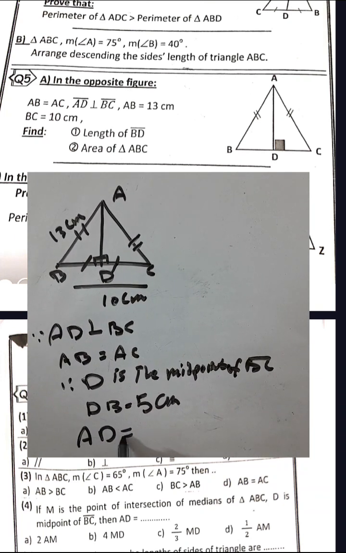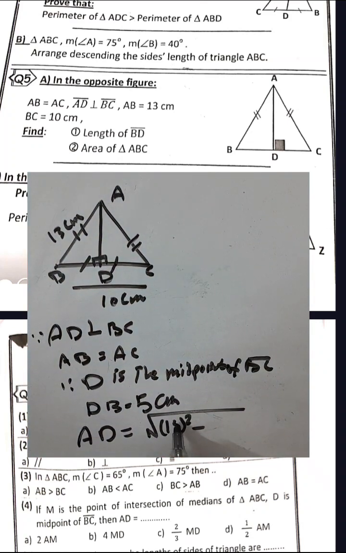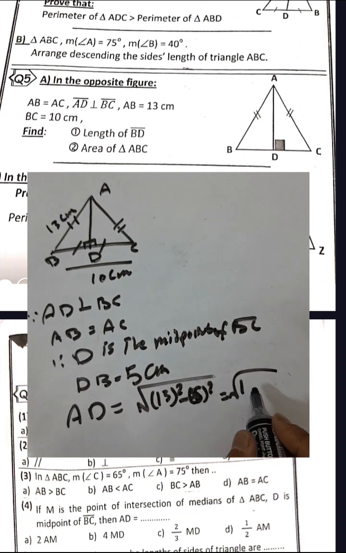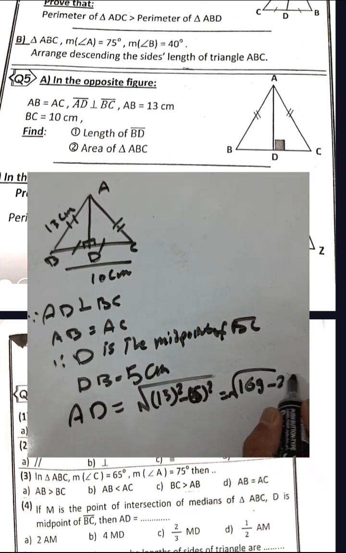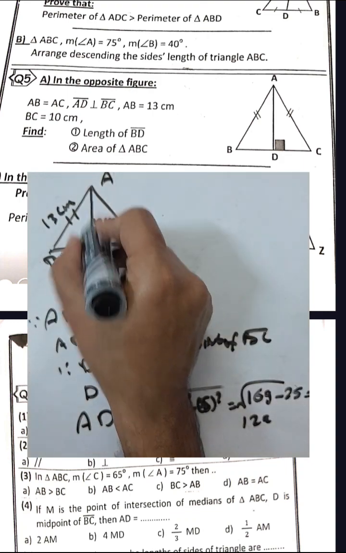Then we can write AD equals the square root of 13 to the power 2 subtracted by 5 squared. 169 subtracted by 25, the square root of that is 12 centimeters. Then AD will be 12 centimeters.